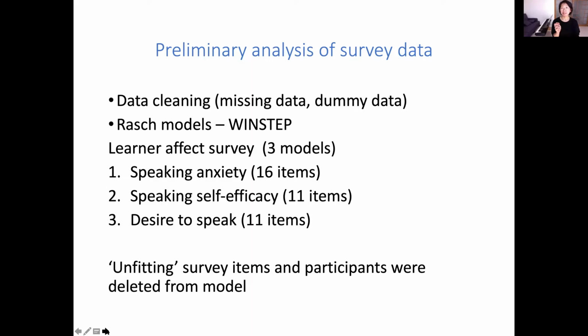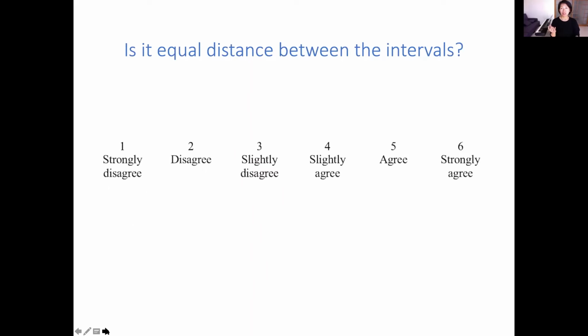Okay, basically using the Rasch analysis, you could pull out all the items that didn't fit properly. Okay, so that I deleted them. Okay. And also one of the really good things about Rasch analysis is it could justify if the survey was designed properly.